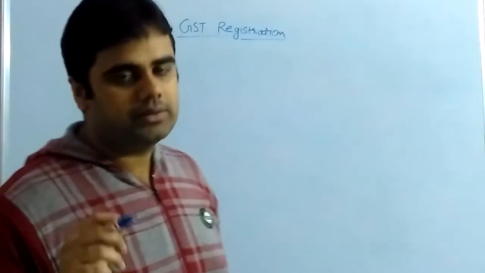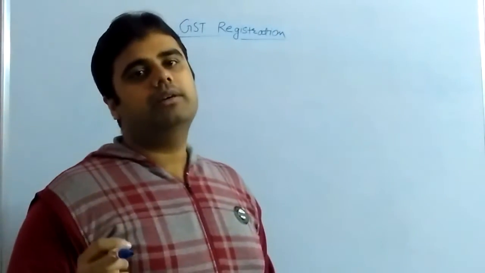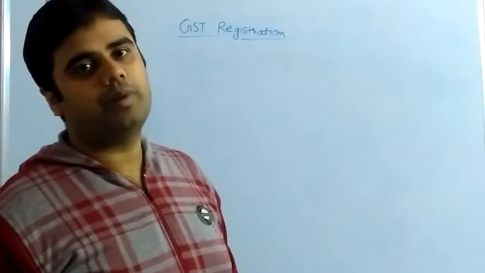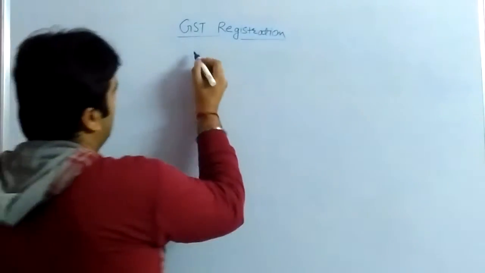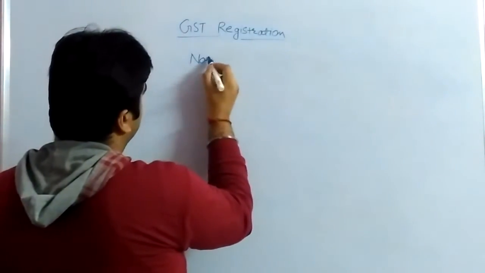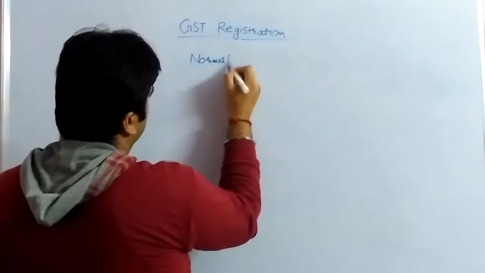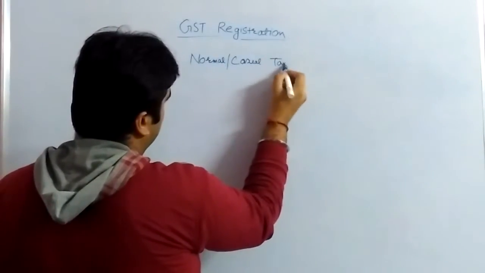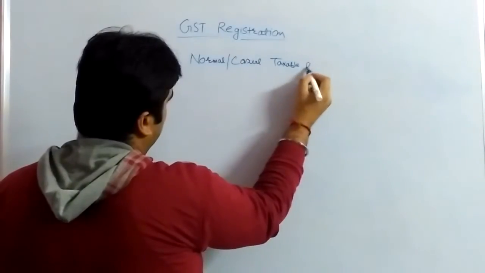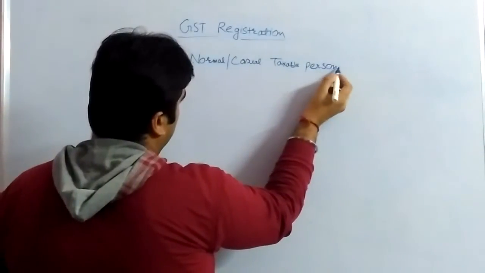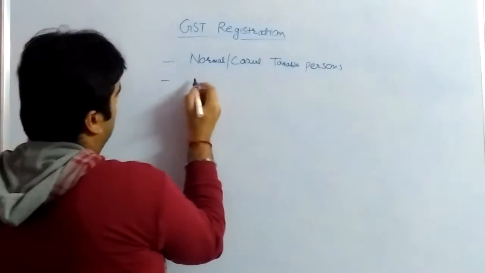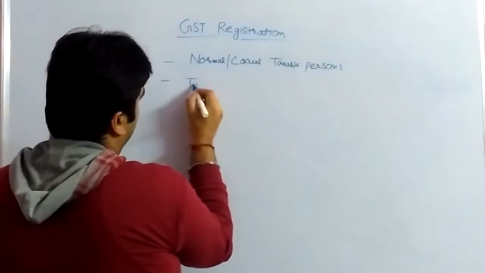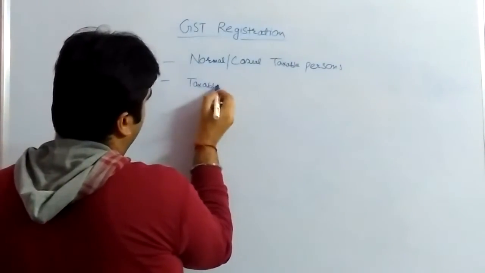So now straight away starting with what we have discussed in the previous two parts. So we have discussed regarding normal or casual taxable persons and taxable person opting for composition levy.